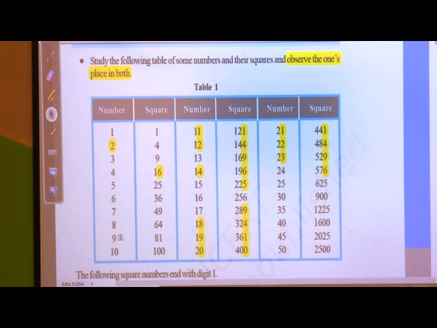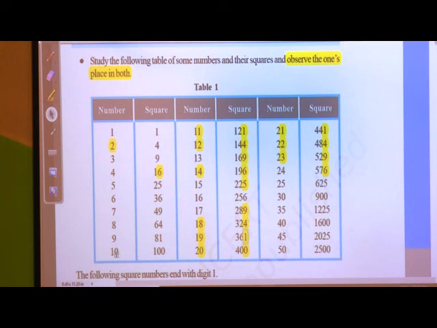If it is 9 in ones place, the digit in ones place of the square is 1. See here, 9 square 81, 19 square 361. 1 is in the ones place in both the square numbers, whatever squares you can see.